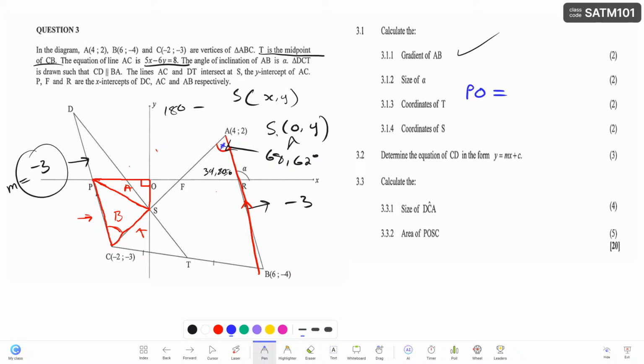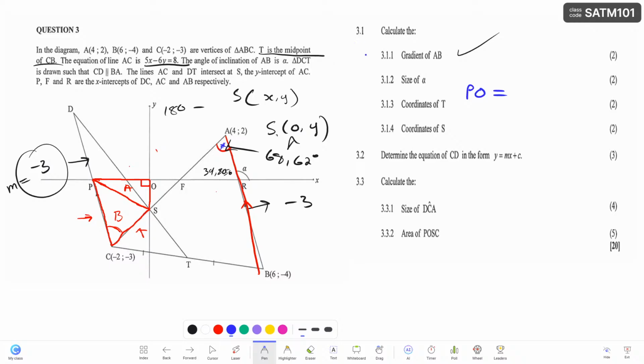Remember, we got our P as what? Did we calculate our P? Let me check. No, we didn't calculate our P. But, okay, since we have the equation of this line, yes, they asked us to calculate the equation of this line. So we can simply calculate the coordinate of P.